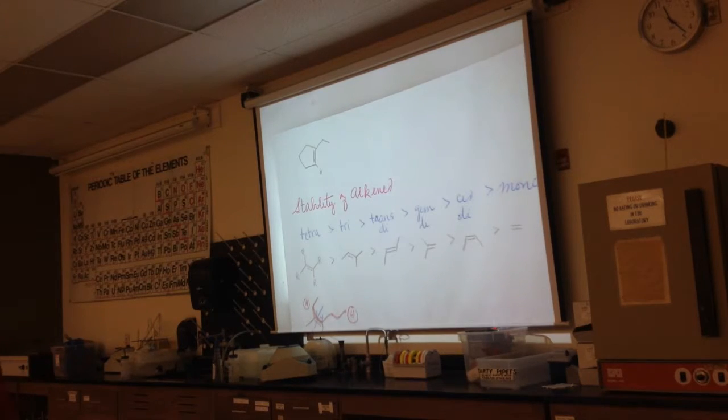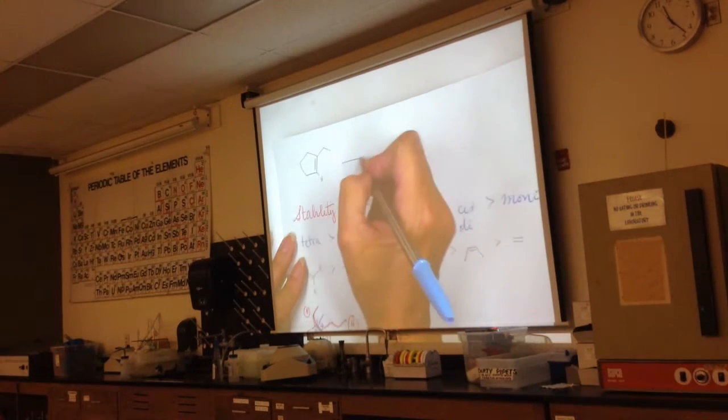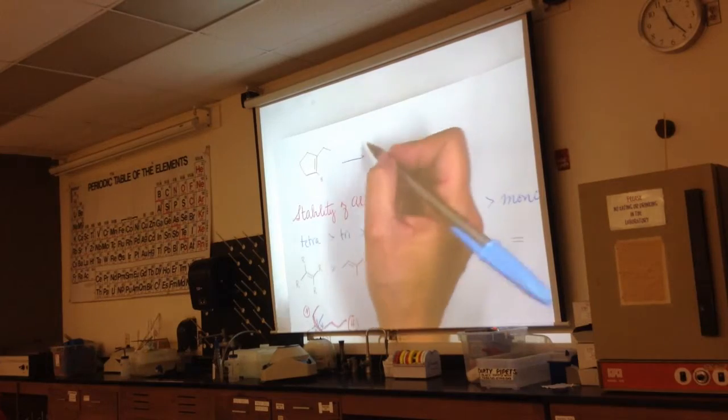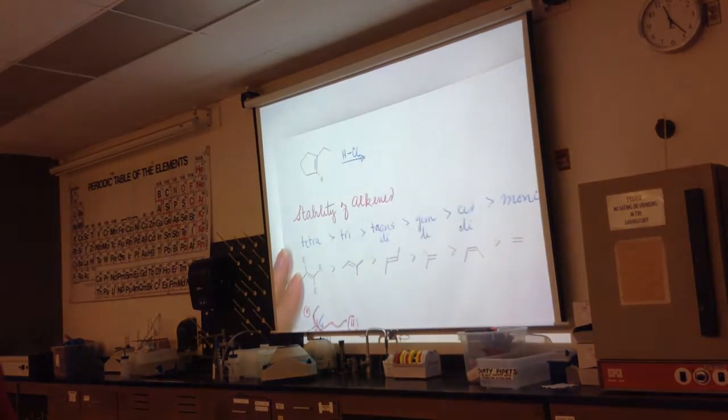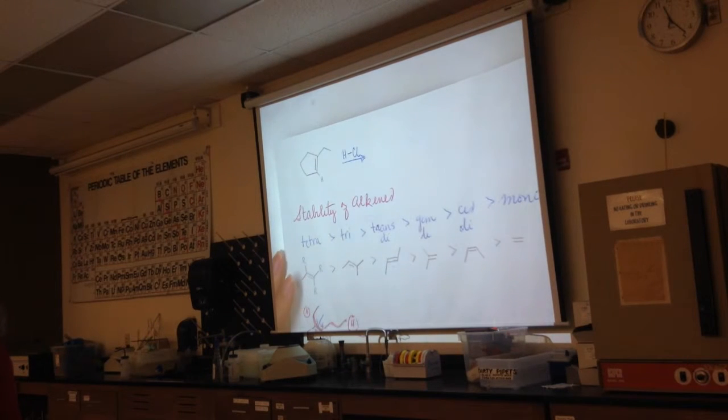Regioselectivity. There's an area of the double bond that will be most likely to accept an atom. All right? So when you're adding HCl to this, in presence of ether, who's the nucleophile here? Who starts the reaction?